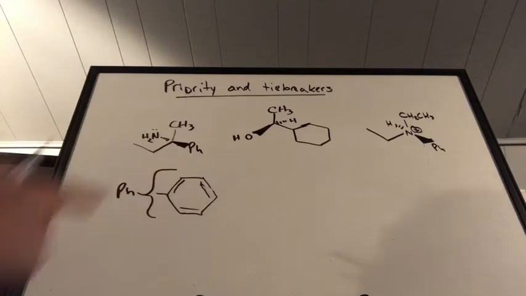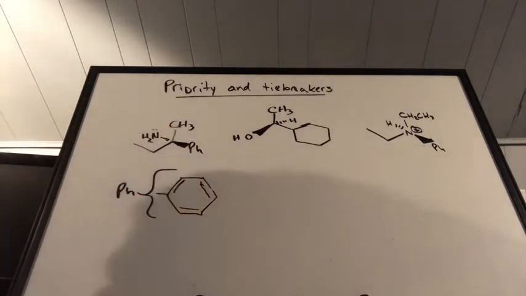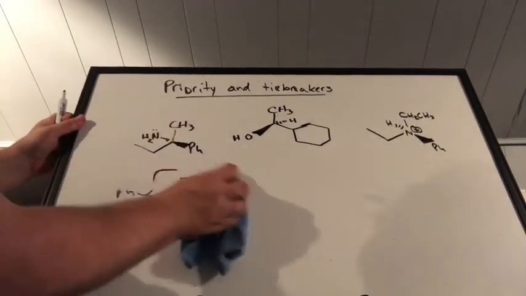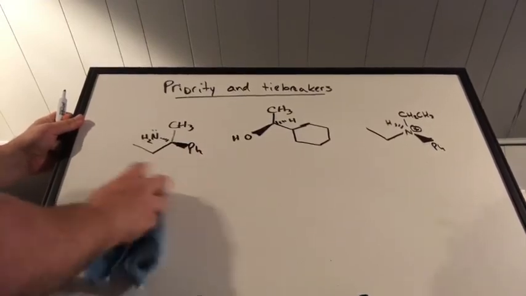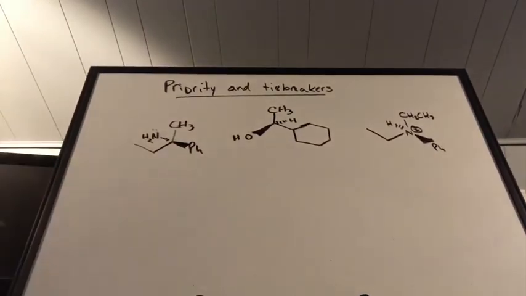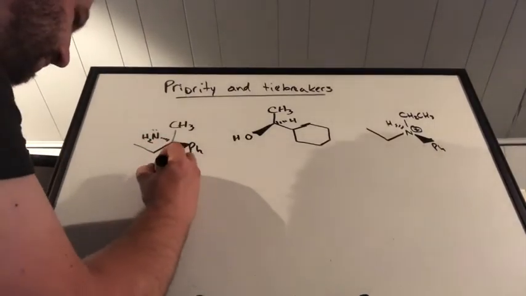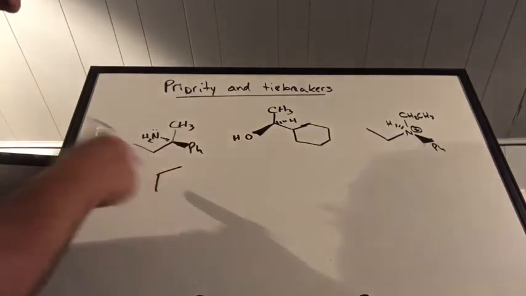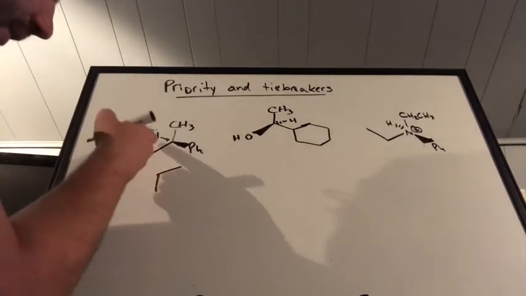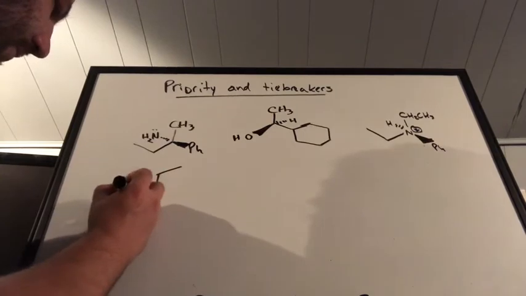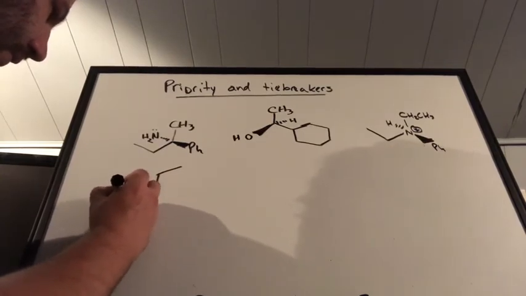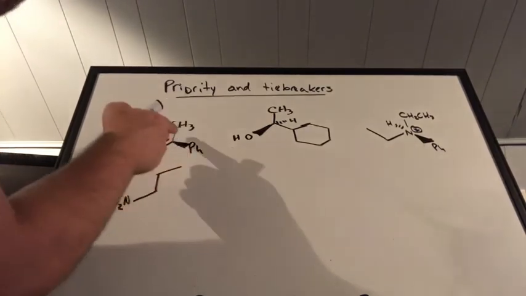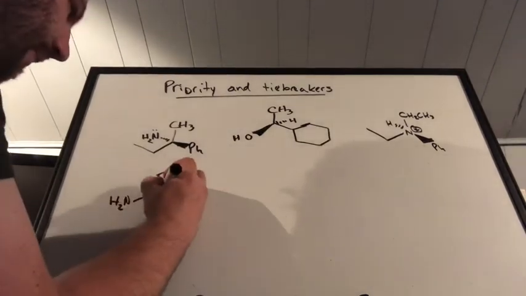Okay, so we've established this is a phenyl ring. So I'm just going to move that, scratch that off to free up some space here. Okay, so that ethyl group is going to stick up at the top now. That NH2 group is going to be about the same plane. And now that lowest priority CH3 is going to be sticking in the back.